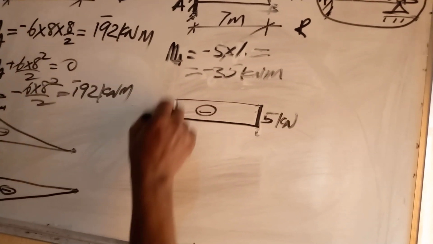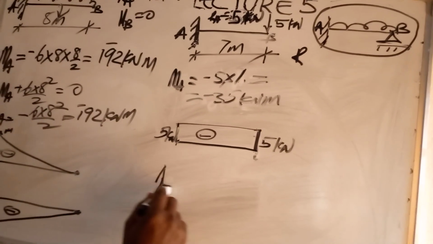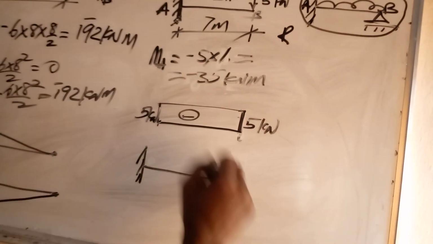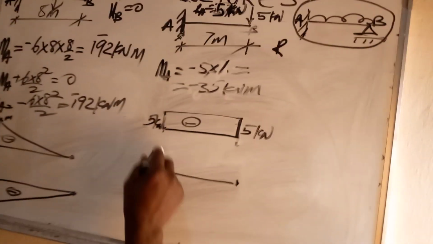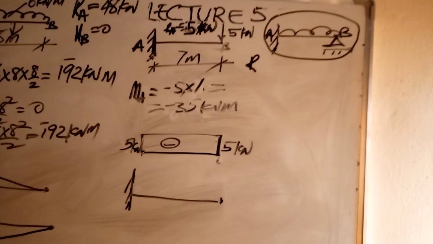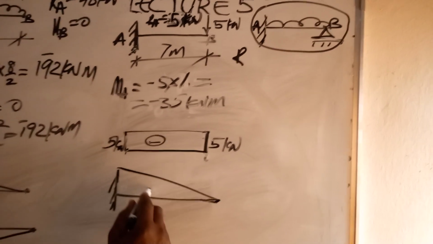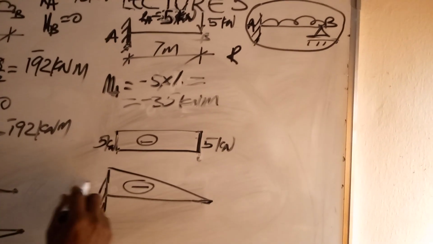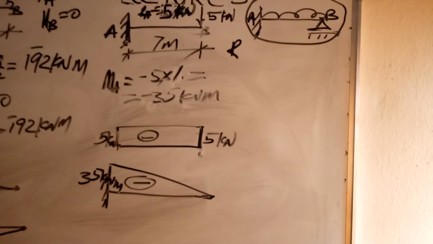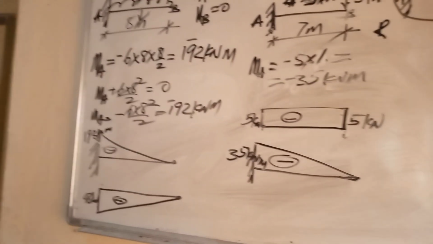Now the bending moment diagram: it is 0 bending moment at this point, minus 35 at this point. It's not a quadratic function, it's linear. This is 35 kilonewton meter. That's the bending moment diagram and value.